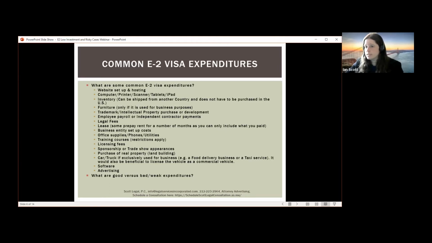If your business requires you to attend a lot of trade shows, that can sometimes be included. Although, as we'll discuss in the next slide, you would really only include the fee for the entry. You would not include food, travel costs, things like that. If you're purchasing land for your company and it's a relevant startup expense, that could certainly be included.